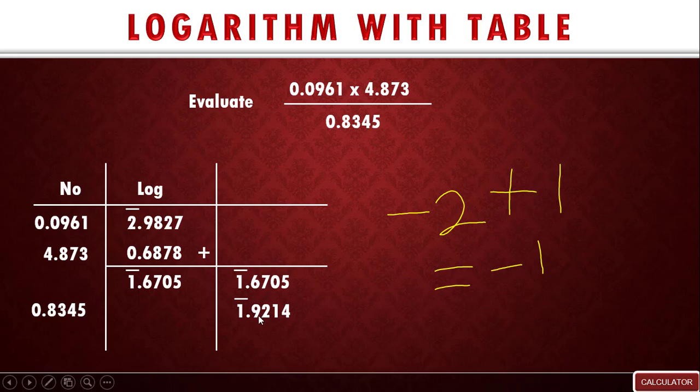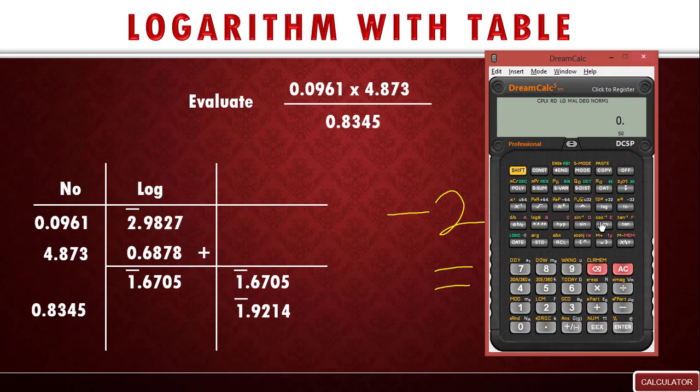Then let's try to check this result and see if we have 9214. So if you're using your 4-figure table, you're checking 83 under 4 difference 5. So let's try to use our calculator to do that. Using your calculator, you're only making use of a workaround.